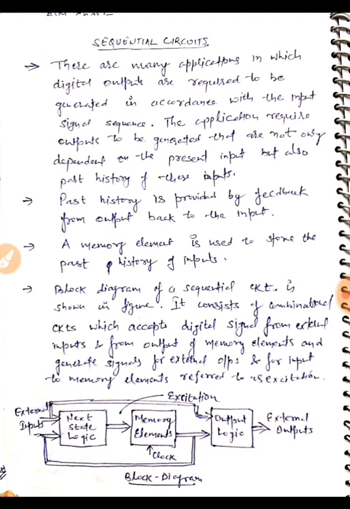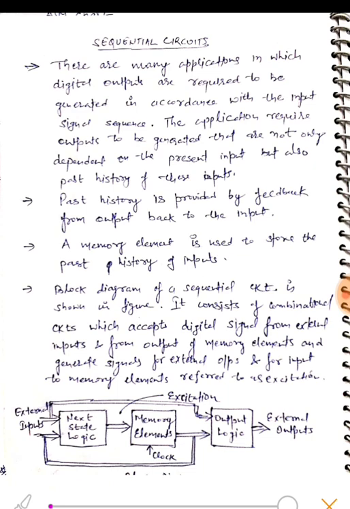That is, in sequential circuits, the output depends not only on the present input but also on the past history of these inputs. Unlike a combinational circuit, where the output depends only on the present input.